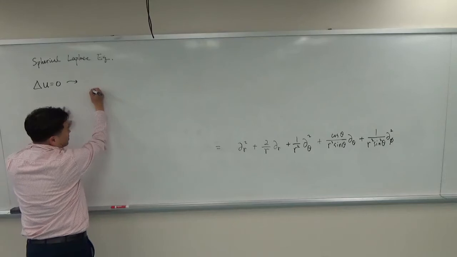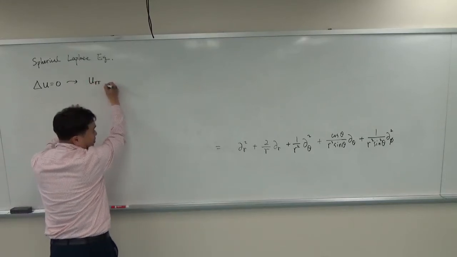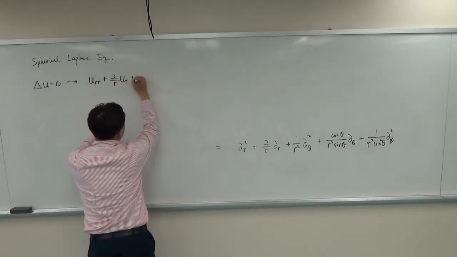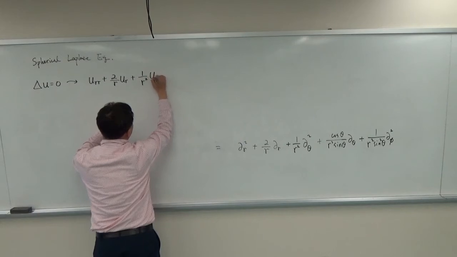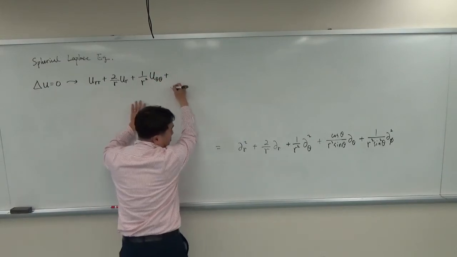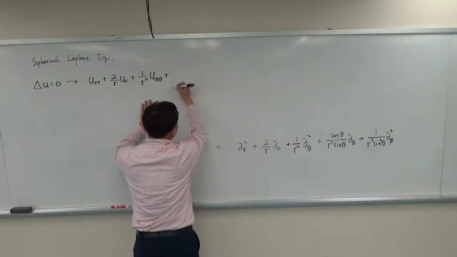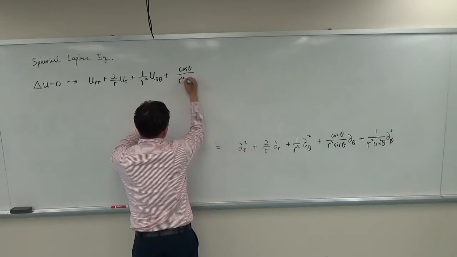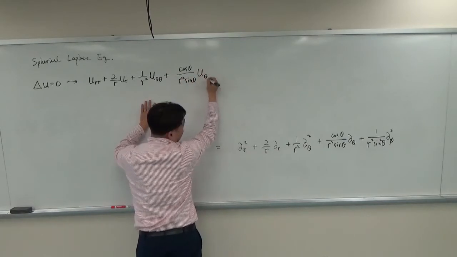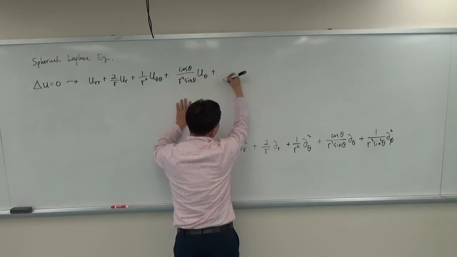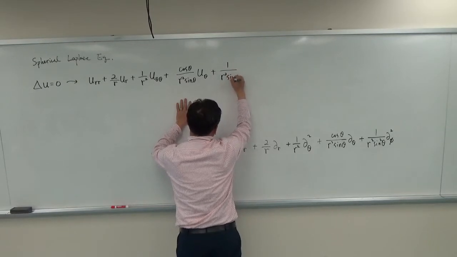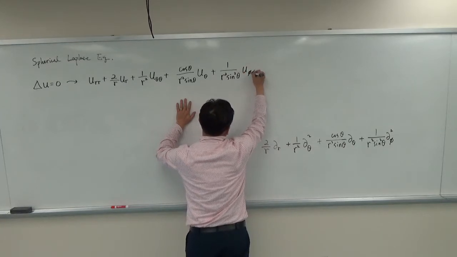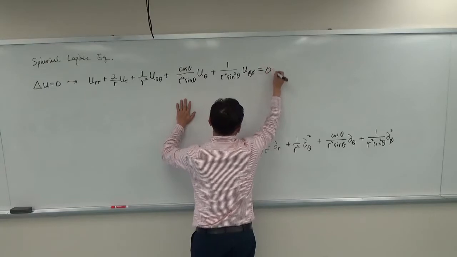And in our case, it'll be u_rr plus 2 over r u_r plus 1 over r squared u_theta theta plus cosine theta over r squared sine theta u_theta plus 1 over r squared sine squared theta u_phi phi equal to 0.